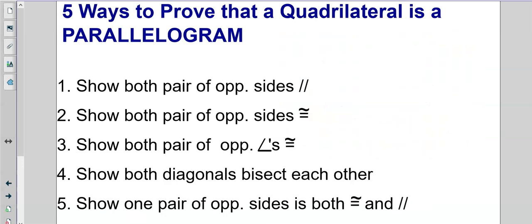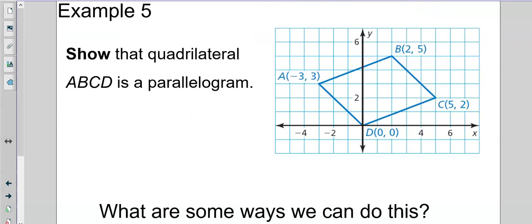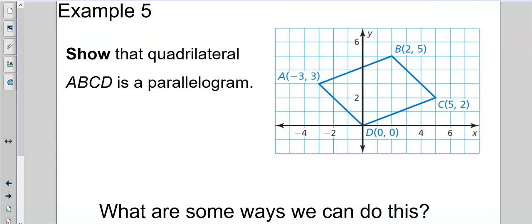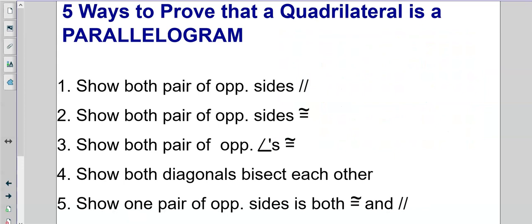We can show that both pairs of opposite sides are congruent. So if we show that these are equal and those two are equal, we have just proved it a parallelogram. Show both pairs of opposite angles are congruent. So again, if we showed these two are congruent, along with those two being congruent, that would prove a parallelogram.